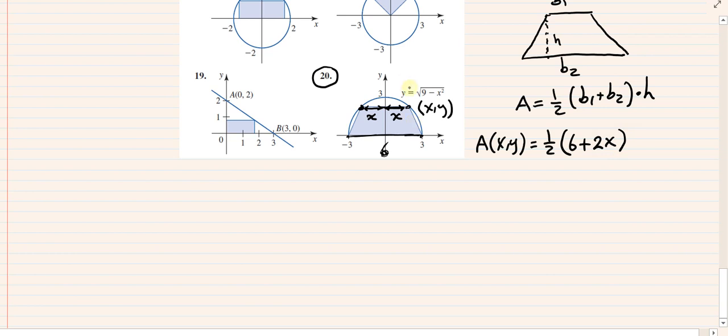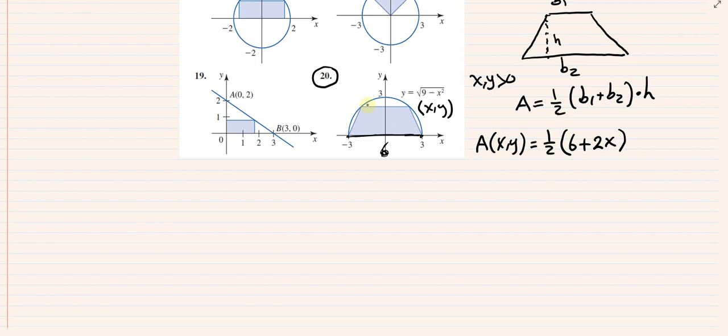And notice, by the way, x and y are positive, because there are dimensions, because we're talking geometry, so we're going to choose those to be positive.